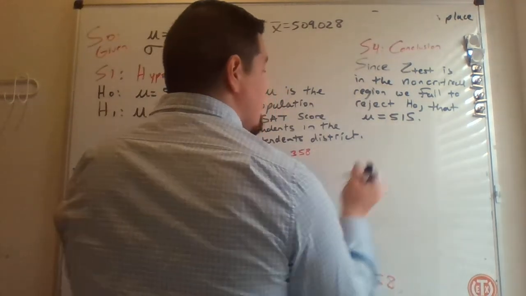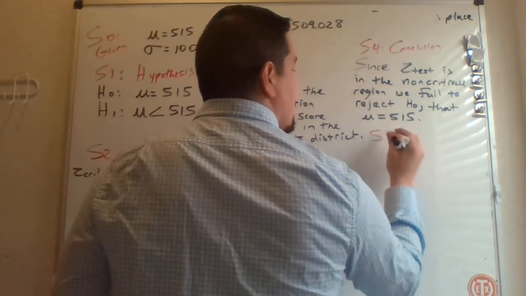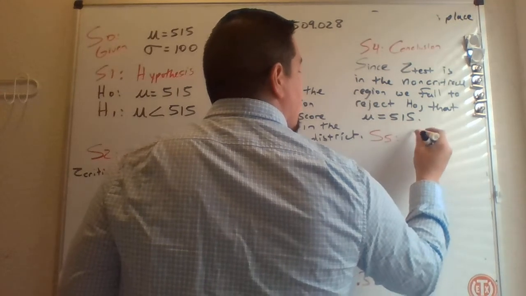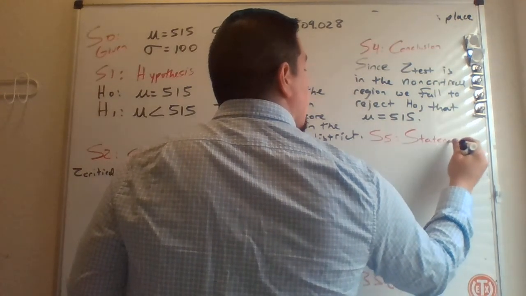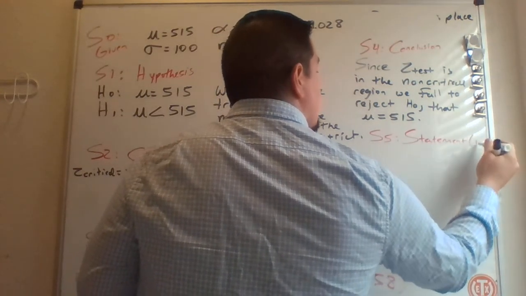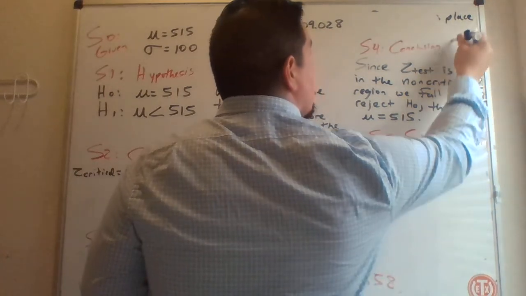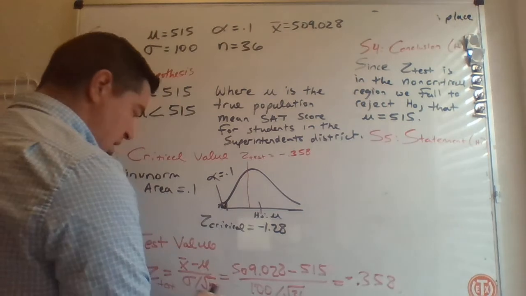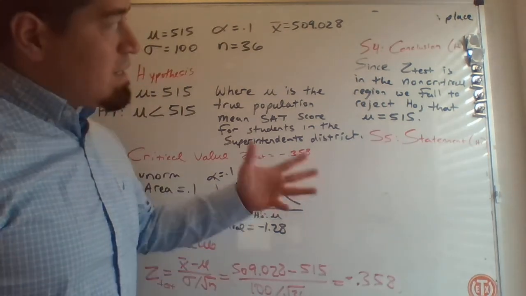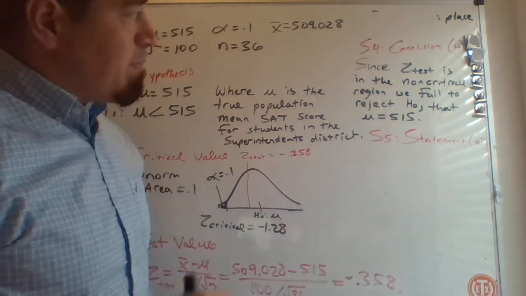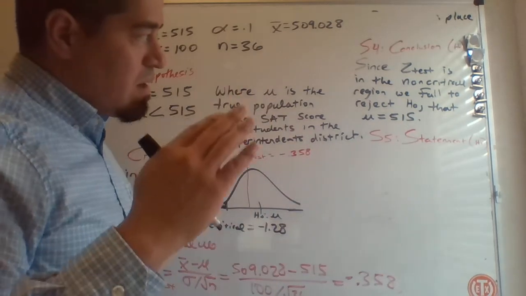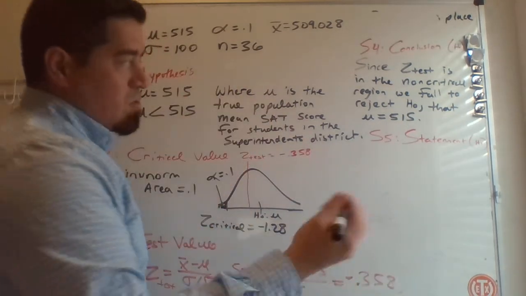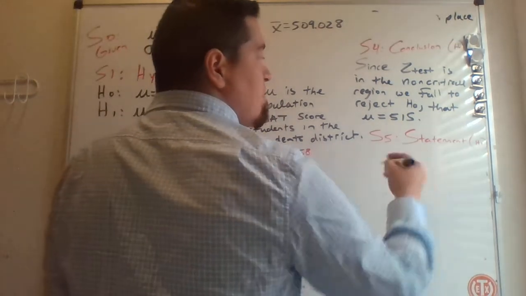and then usually on step 5, what I like to do is make a statement about the alternative, H1. So usually the conclusion I'll say about H0, the statement I'll say something about H1, which we don't want to say anything conclusive or 100%. We just want to say what we have evidence.